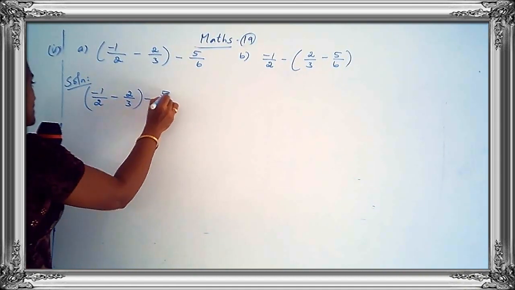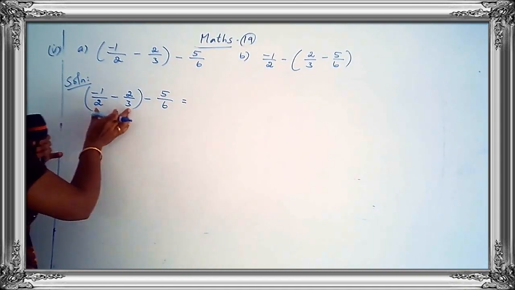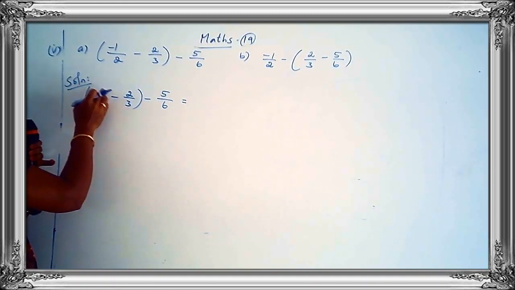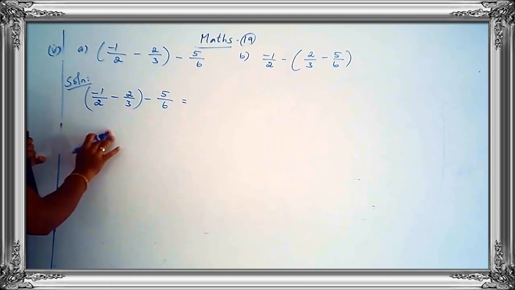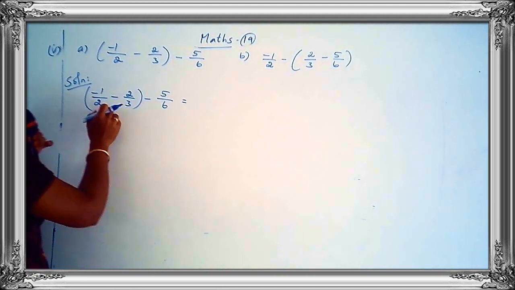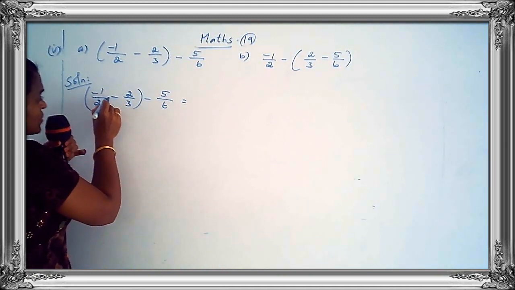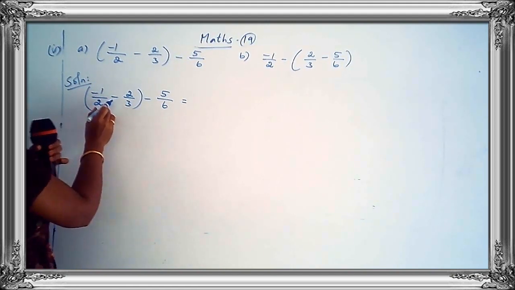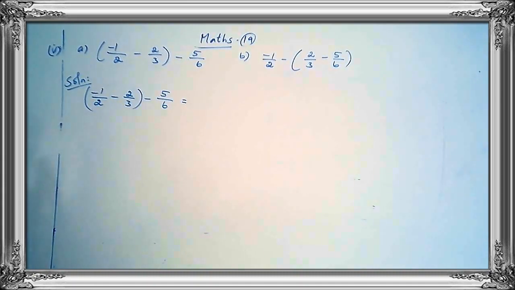Minus 5 upon 6 is equal to... you see here the denominators are small numbers only, so you do the cross multiplication method. Okay children, so we have to use the cross multiplication method. Here the subtraction symbol is there, so we add the additive inverse. In subtraction, while subtracting an integer from another integer, so that is integer, here rational number.